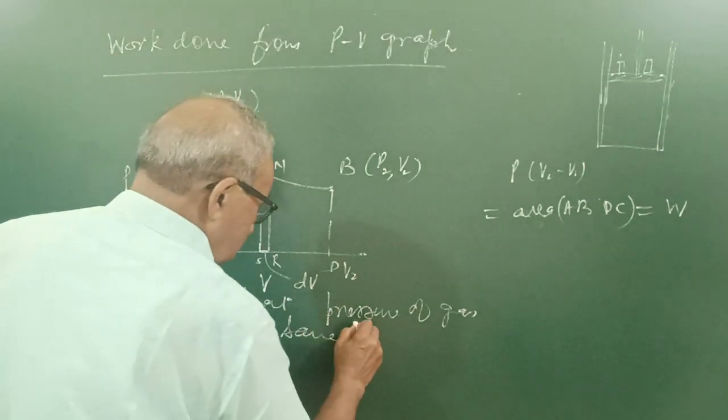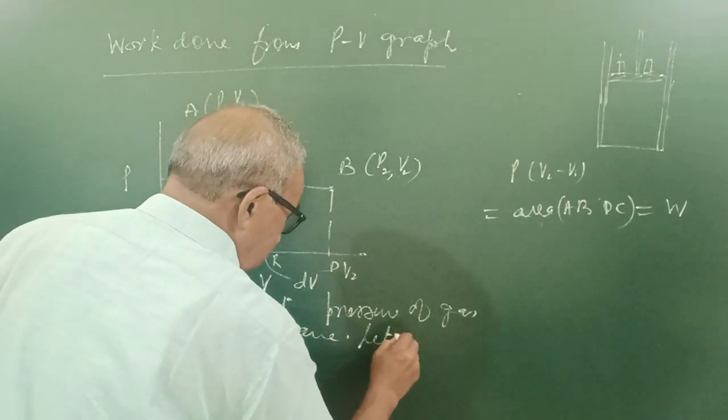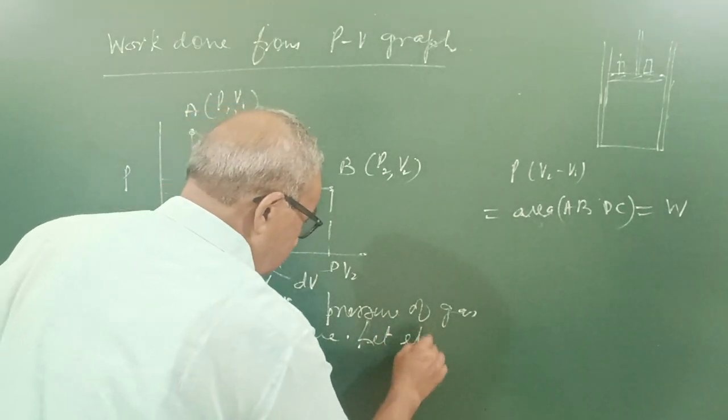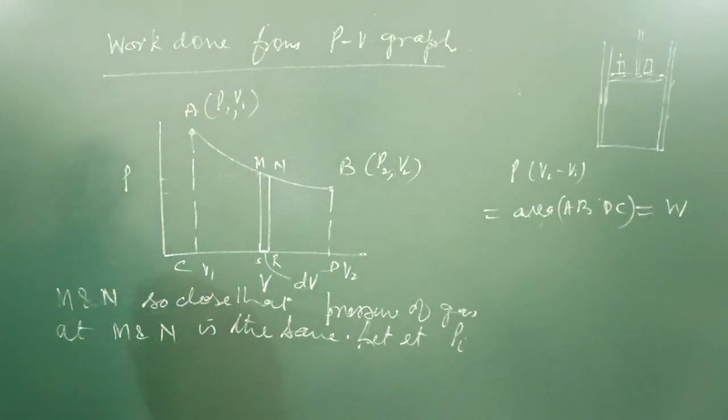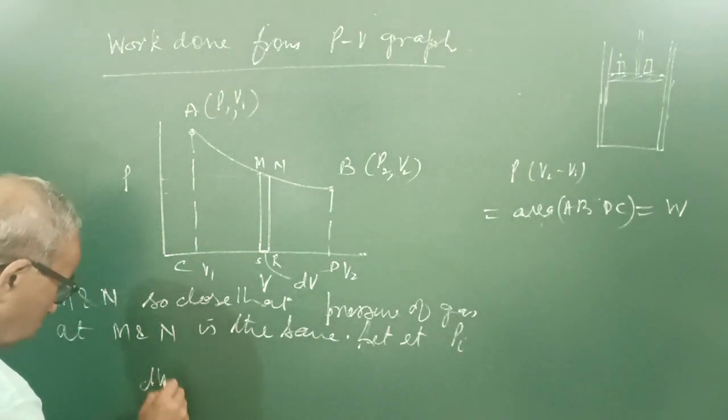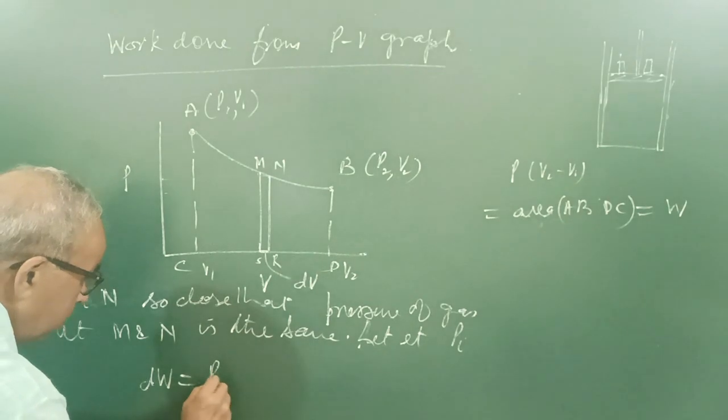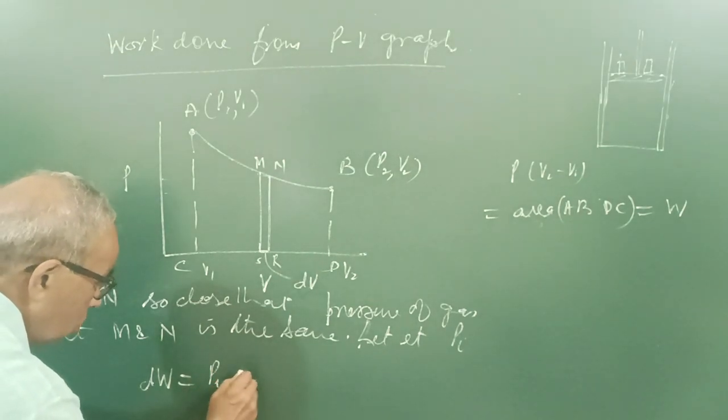Let it be Pi. So this dW is Pi into delta V.